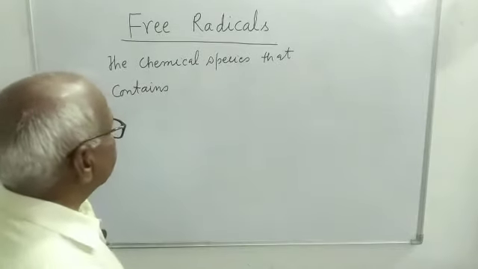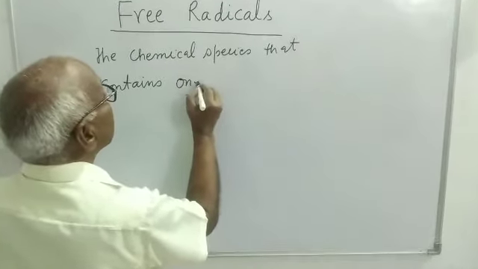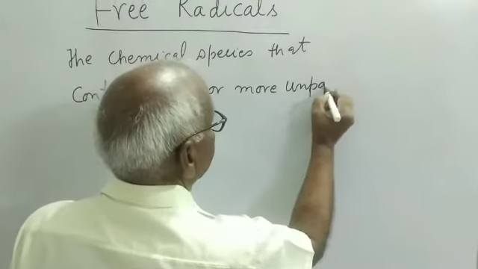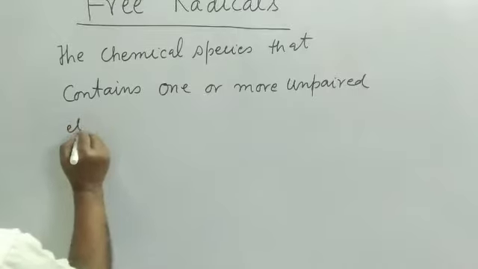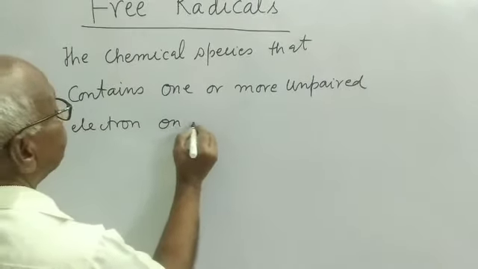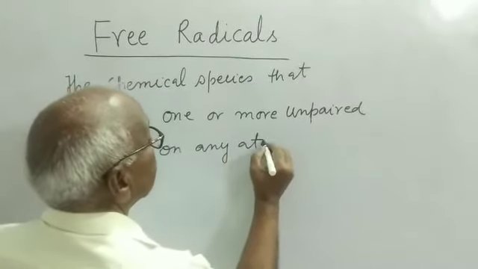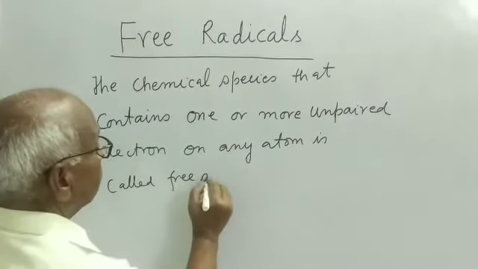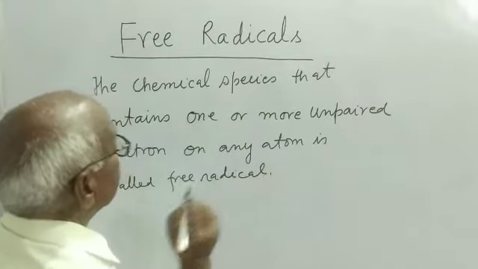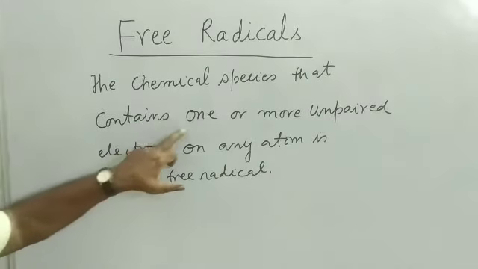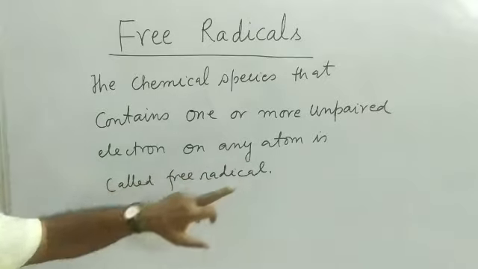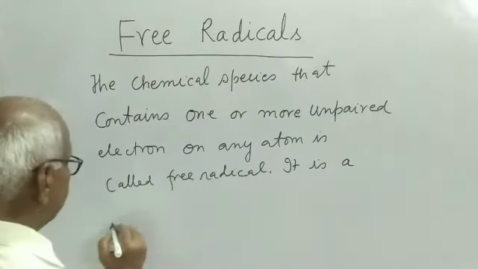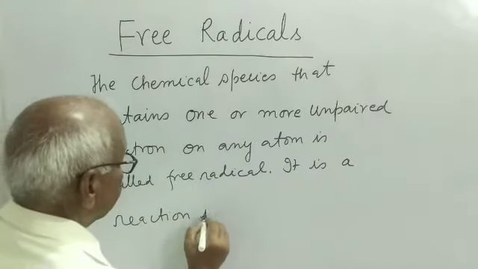The chemical species that contains one or more unpaired electron on any atom is called a free radical. It is a reaction intermediate.